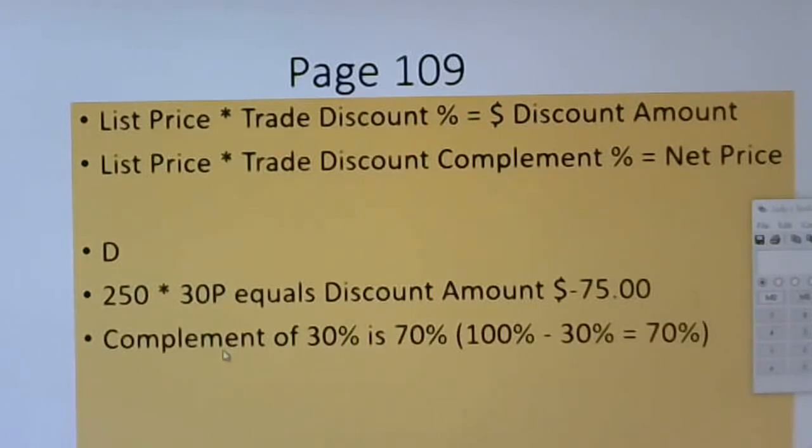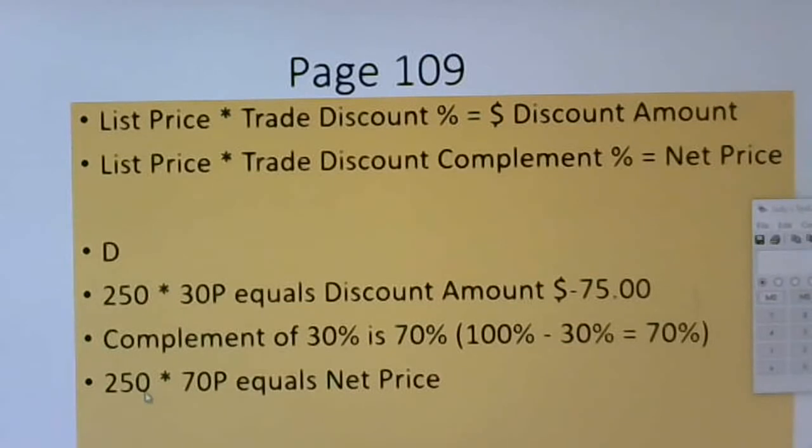Now the new part, what's the complement of 30? 100 minus 30 is 70. So you're going to pay 70%. So take the list price $250 times the 70%, and that equals the net price. That's what you're going to pay.